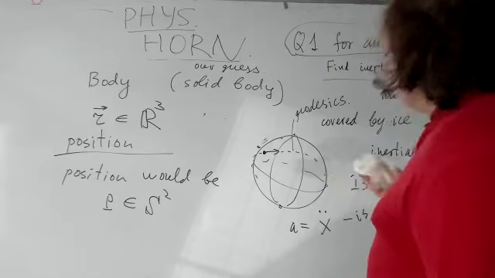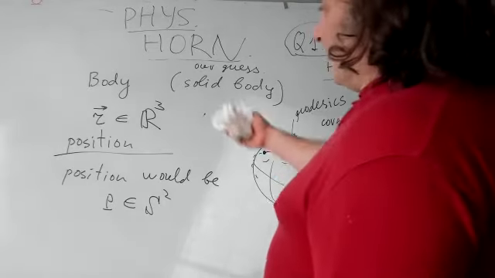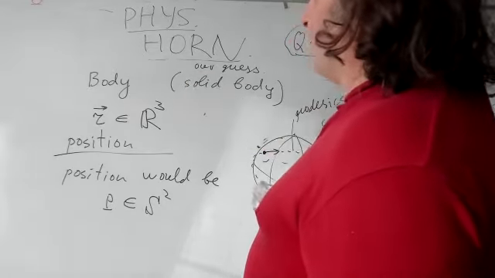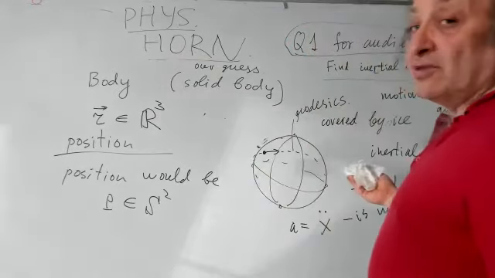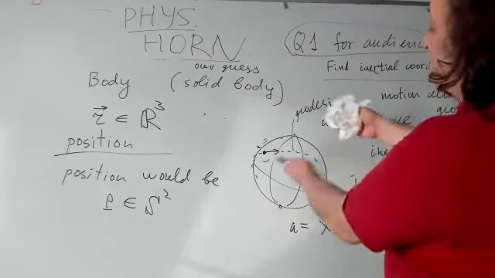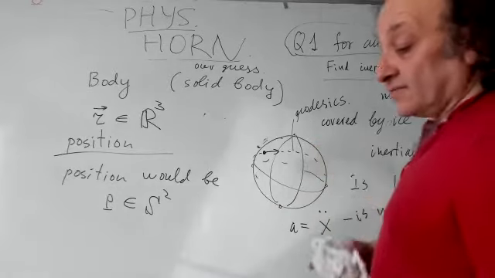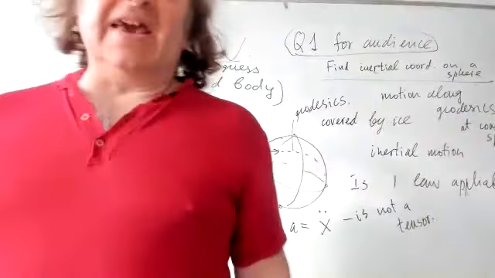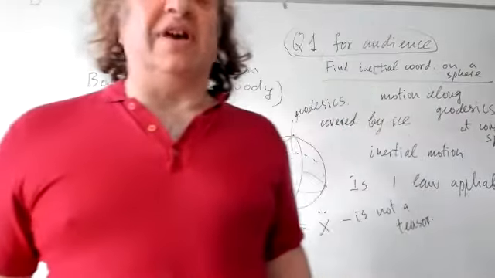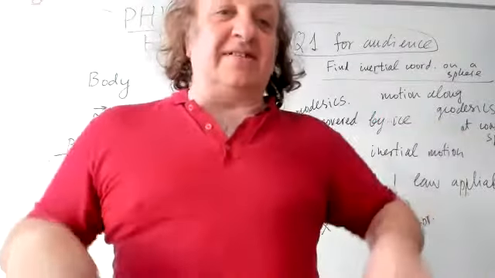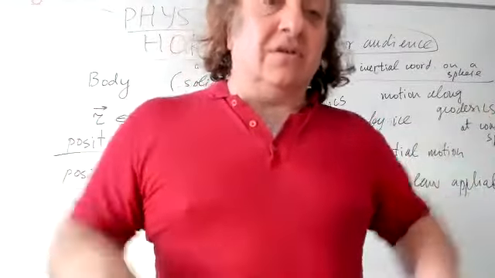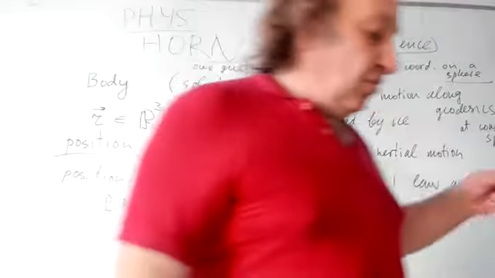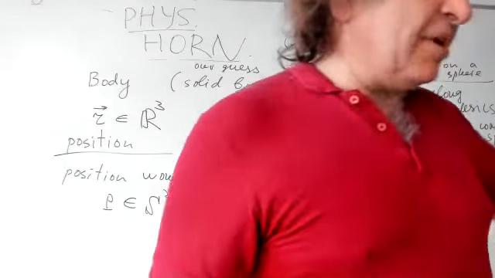Now, the choice of coordinate system is also unclear. There are a lot of worlds that are curved. And actually, as I will show later, our real physical world is curved, not only in space-time, but also in space.